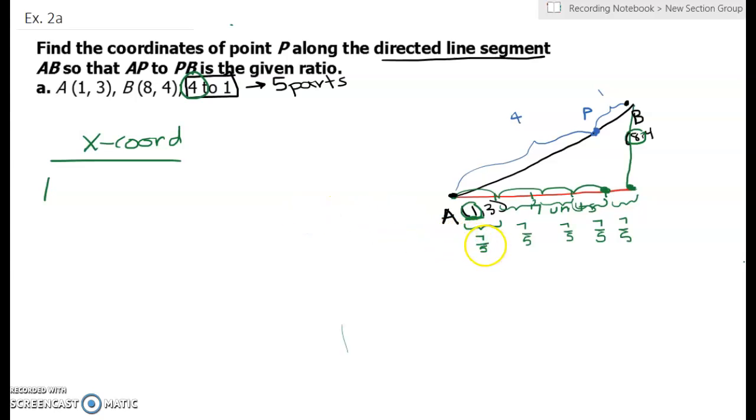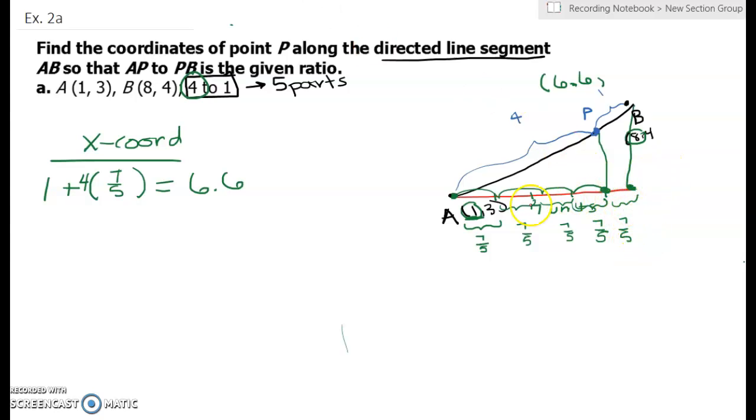Okay, so I'm going to add 4 7/5 segments. Okay, so 1 plus 4 times 7/5, put it in my calculator, I get 6.6. Okay, so the X coordinate right here is 6.6.